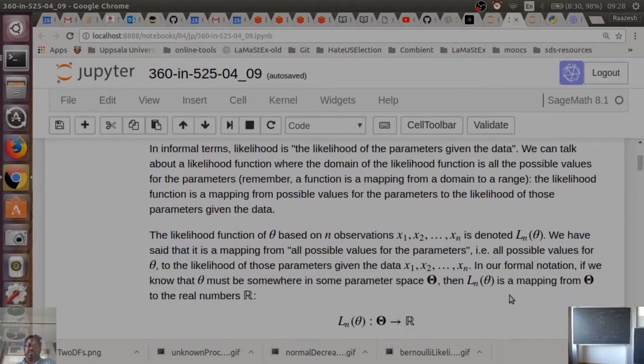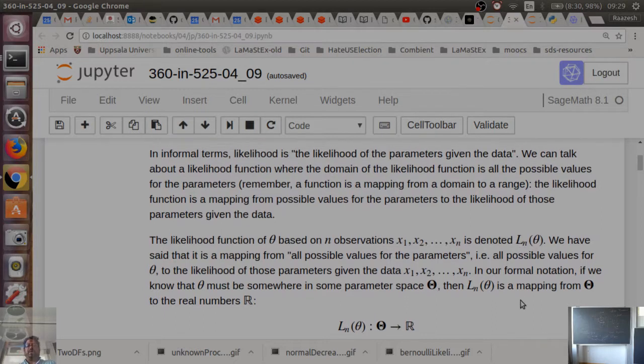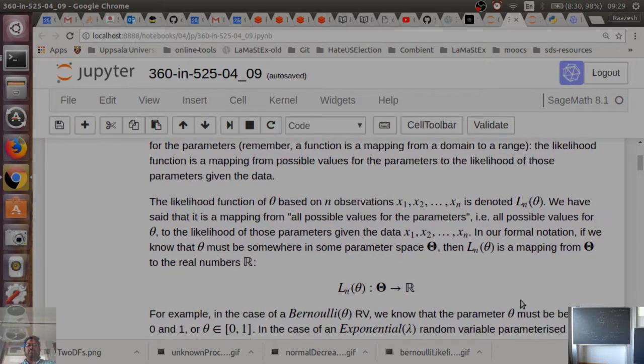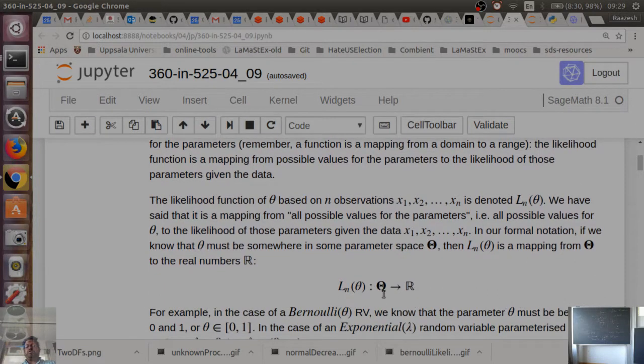So here's the basic idea. The likelihood function is a function of the parameter theta, and it has these n observations in it, and usually it's denoted by capital L sub n of theta. It's a mapping from bold theta, the parameter space where the little thetas live.